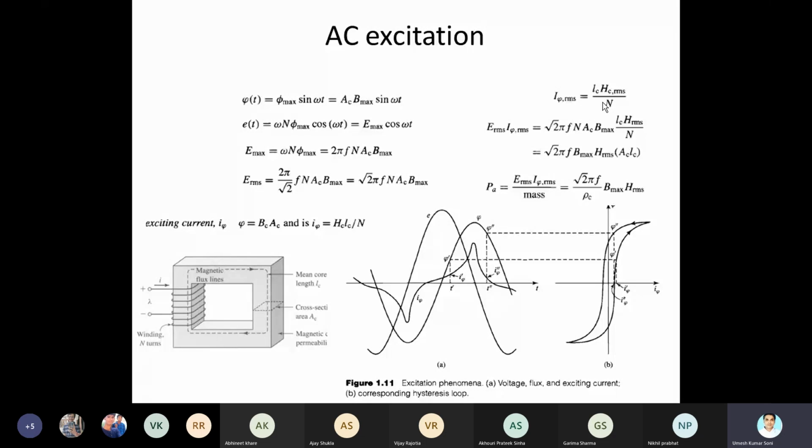Depending on that, the RMS current can be given by this magnetic field intensity set up in this magnetic material and the mean length of the magnetic material.